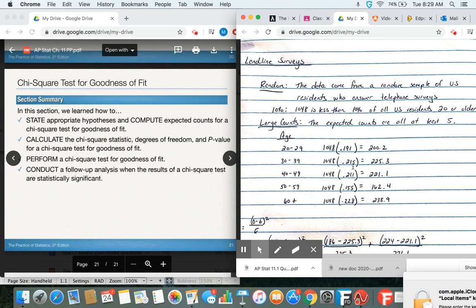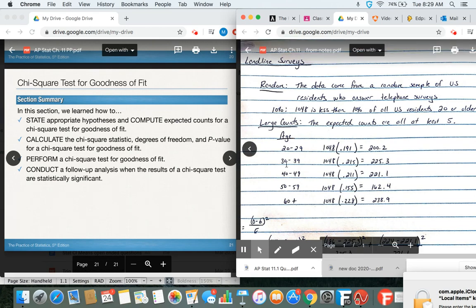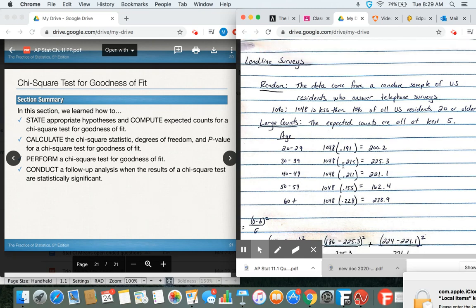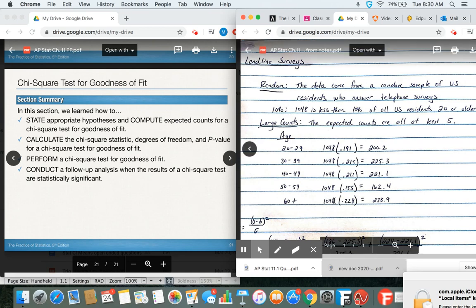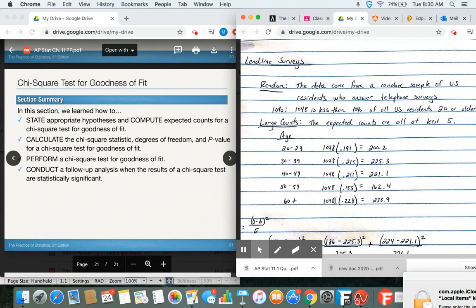If there was really 21.5% in this age group, then we would expect 21.5% to answer the telephone survey, all right? And 21.5% equates to being 225.3 people. So these are expected counts. Out of our 1,048, we would think these would be the people that would respond in that particular age group, all right? Our expected counts. All those numbers are clearly bigger than 5. The large counts condition is satisfied.